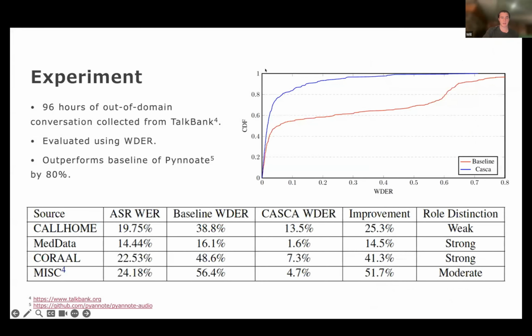But finally, we tested this on around 100 hours of out-of-domain conversation collected from various domains of two-speaker conversations.